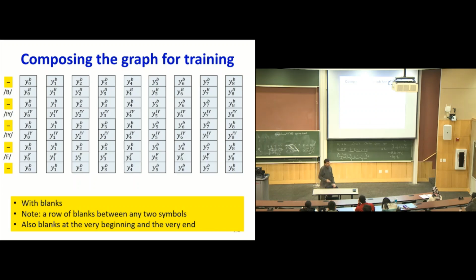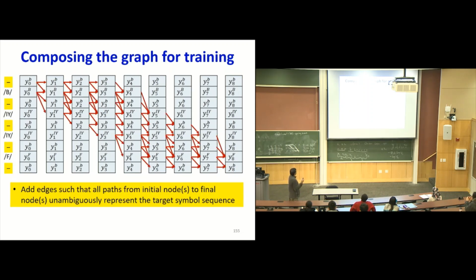But then you end up with a little trickiness. I can't just compose the graph left to right as usual. I'm allowed to go from a symbol B to the symbol B. I'm allowed to go from the symbol B to a blank. I'm also allowed to go from the symbol B to E, because a blank can occur between a B and an E.